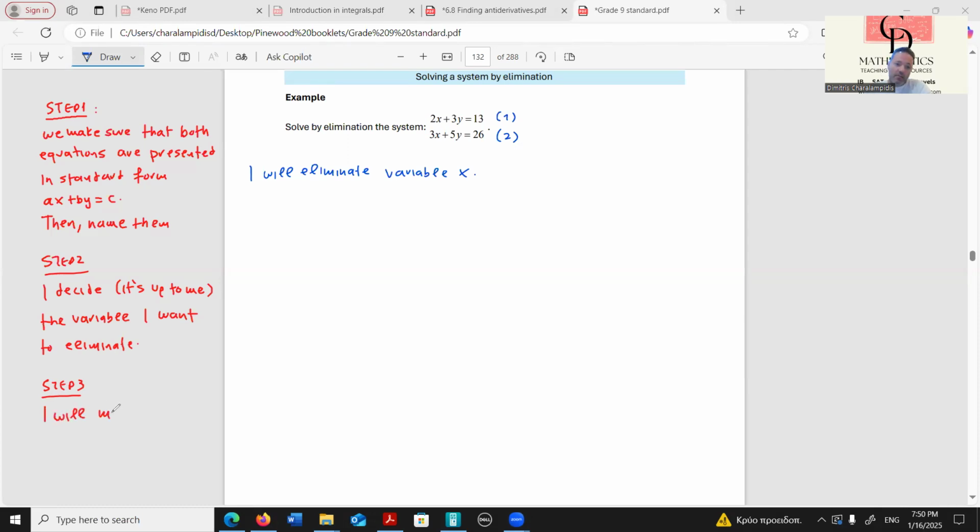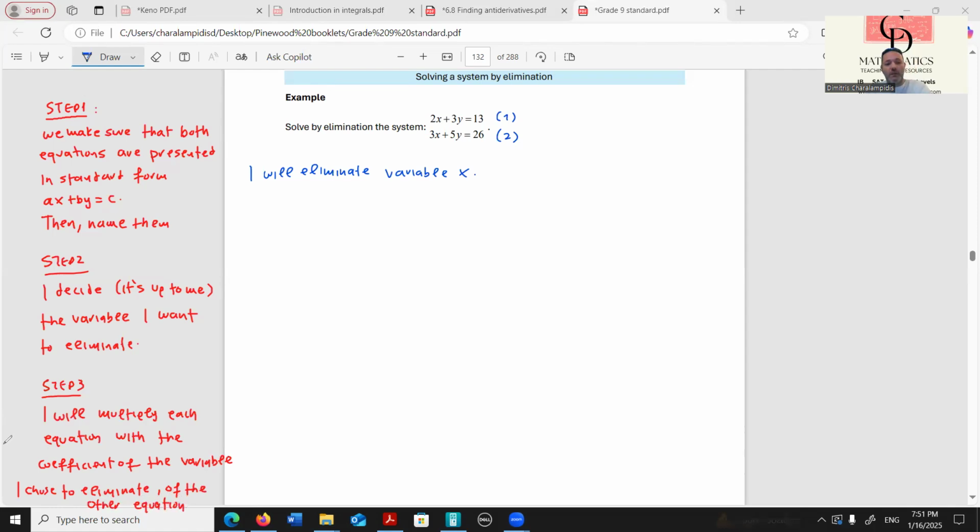Then, in step number 3, based on the variable that I decided to eliminate, I will multiply its equation with the coefficient of the variable I chose to eliminate of the other equation.